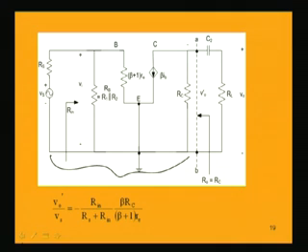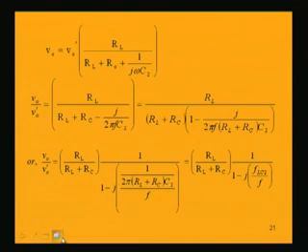So, we have only Rc across it, that is the output resistance R naught. So, replacing that R naught by Rc, in the denominator again I am writing this quantity as minus j by 2 pi f C2.